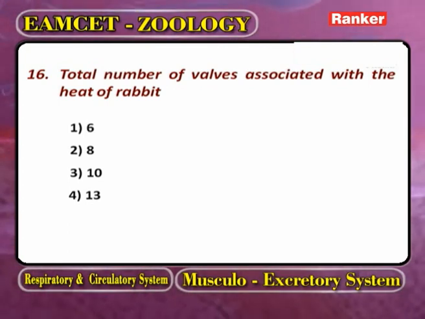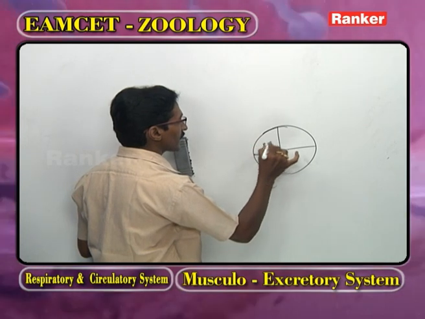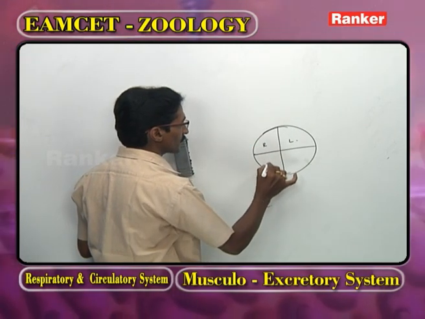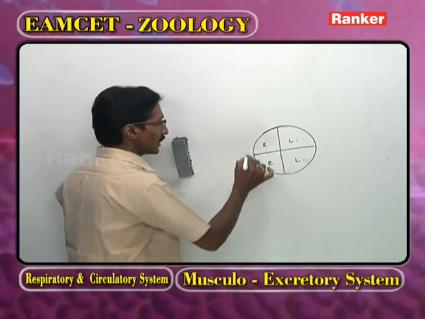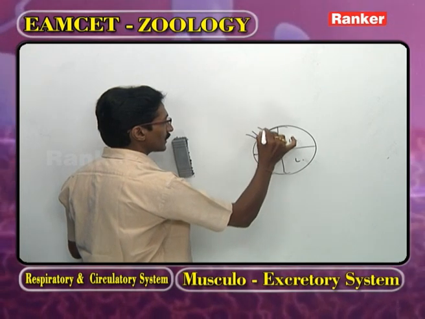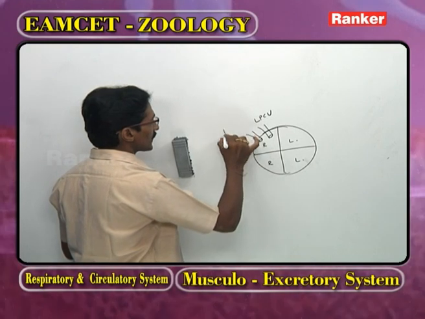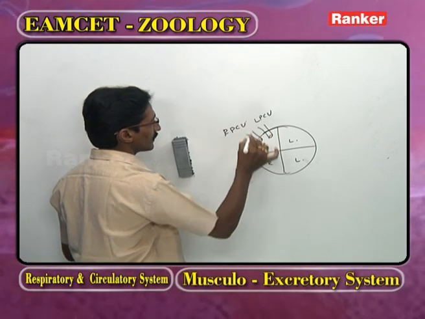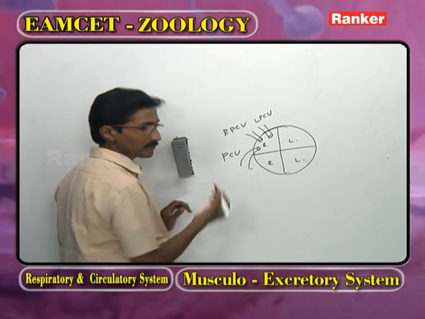Now as we observe the heart, this one we call the right atrium, left atrium, and next the right ventricle, left ventricle. Now this is the right precaval vein, this is the left precaval vein, and this is the postcaval vein.